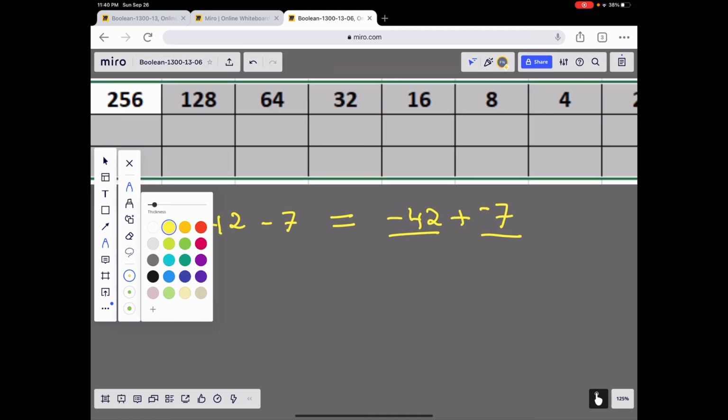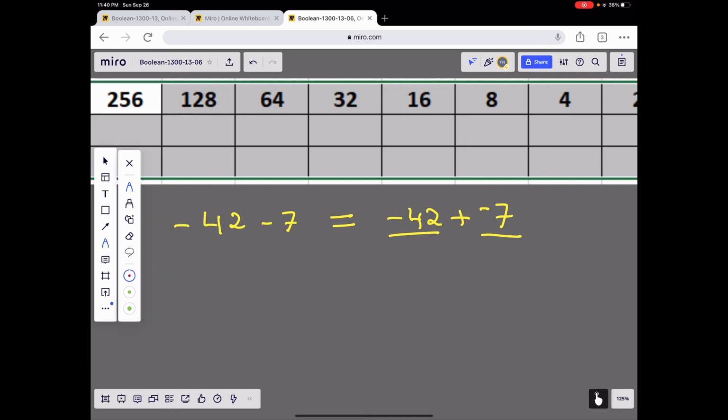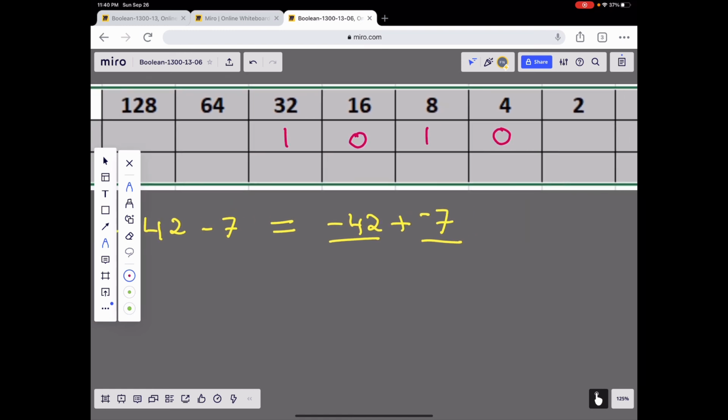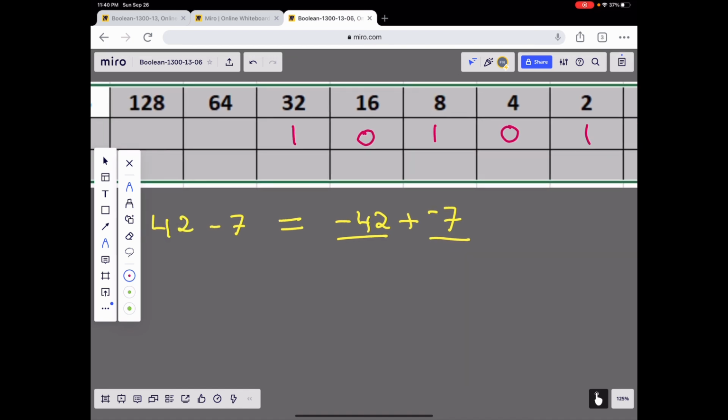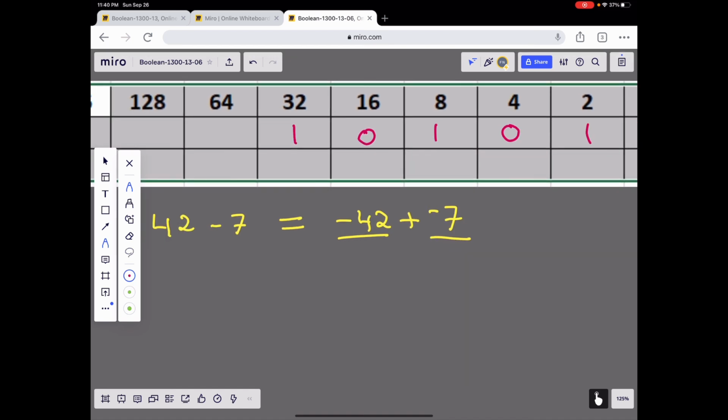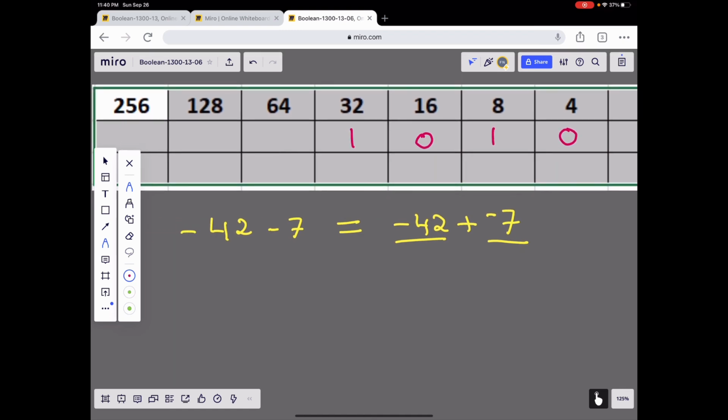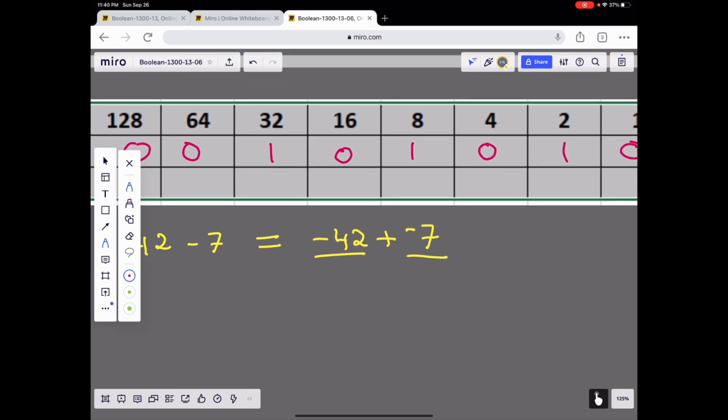I'm going to put red color. 16 is too big because it would be 48, so you cannot do that. 32 plus 8 equals 40, and 2 makes 42 right here. And this one 0. So 42 using 8-bit words, the same thing. So I'm going to add another 0 and 0 in here. So that's how you got negative 42.